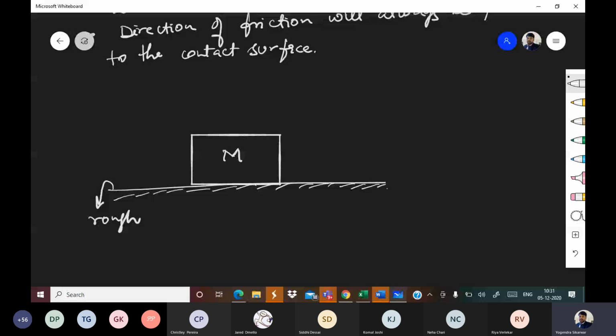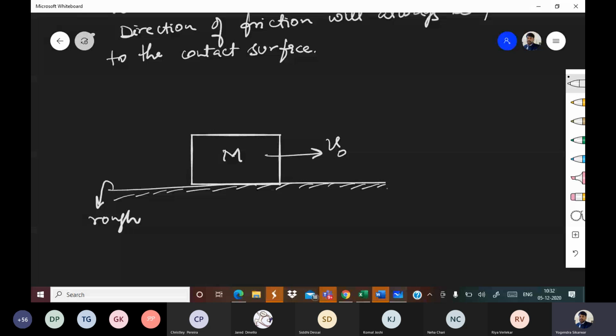Now suppose this block was moving with some velocity v naught. If this block is moving with velocity v naught, what will the ground try to do? Ground will try to stop this relative motion which is occurring between ground and the object.